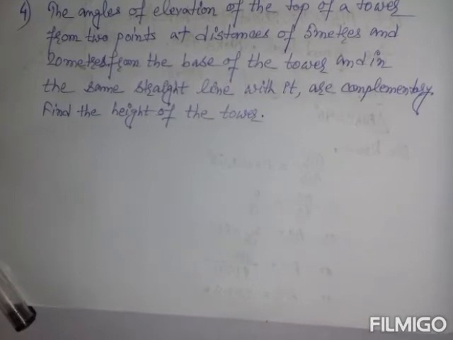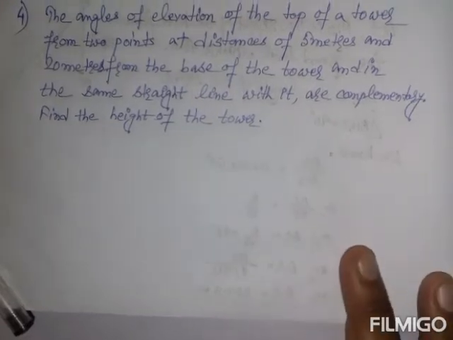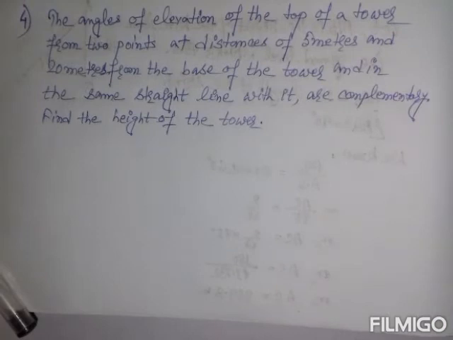Now number 4. The angles of elevation of the top of a tower from 2 points at distances of 5 meters and 20 meters from the base of the tower and in the same straight line with it are complementary.